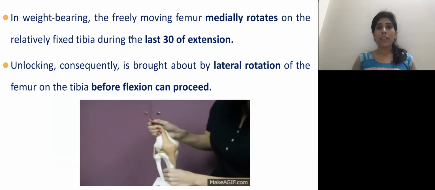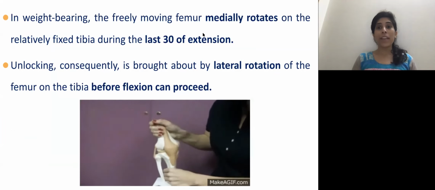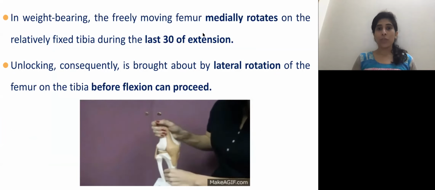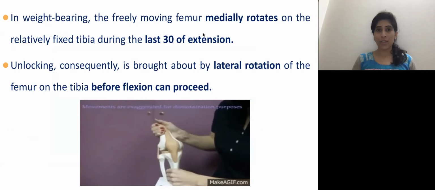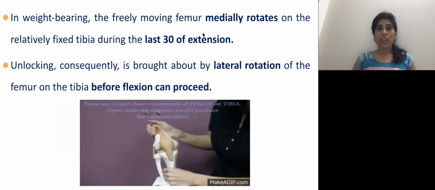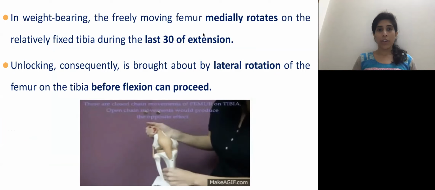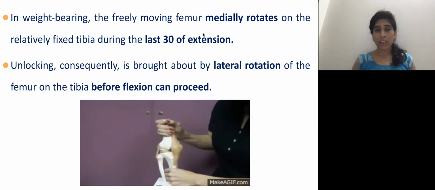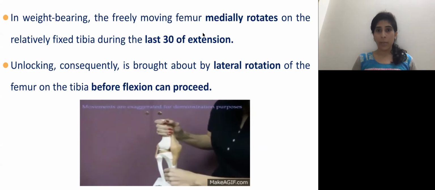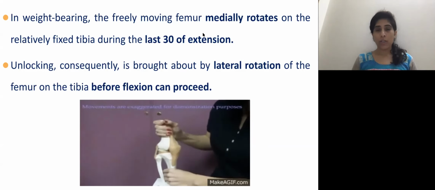So in weight bearing, the freely moving femur first medially rotates on the relatively fixed tibia during the last 30 degrees of extension. So we can say in non-weight bearing the tibia was going for the lateral rotation during the last 30 degrees or last 5 degrees of motion, whereas in weight bearing the femur is going for the medial rotation for the last degrees.